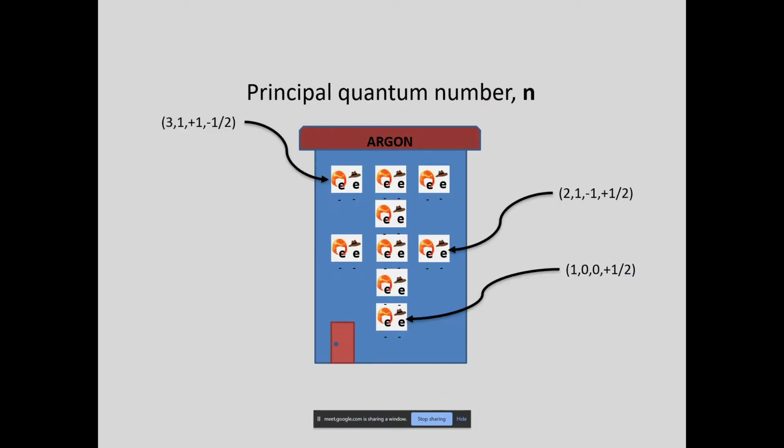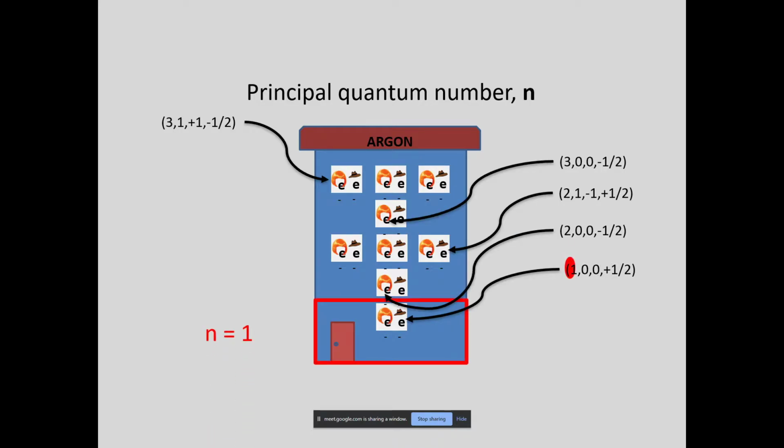So let's go on. So which one of this number is the principal quantum number? It is always the first number kita akan tulis. So the first number yang kita tulis tu is the value of n. It is dia macam ni lah. I put a simplified version of the orbitals. So kalau dia duduk dekat floor nombor, kita ada floor nombor 1, floor nombor 2 and floor nombor 3. Any electron yang duduk kat floor nombor 1, dia punya principal quantum number is 1.